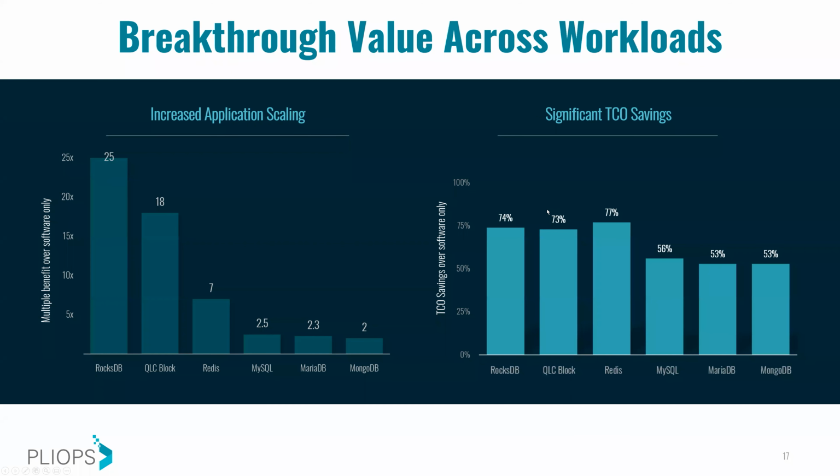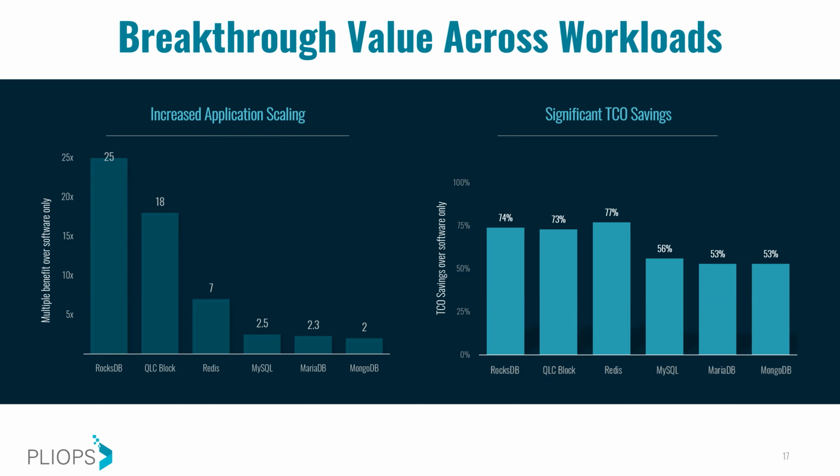All right, and this shows some representative workloads and the actual performance scaling on the left. So compared to software alone, and this is showing compared to a RAID 10. So very high performance, but very expensive storage solution. And even with that, PLIOPS can deliver these types of multiples over a software-based solution.